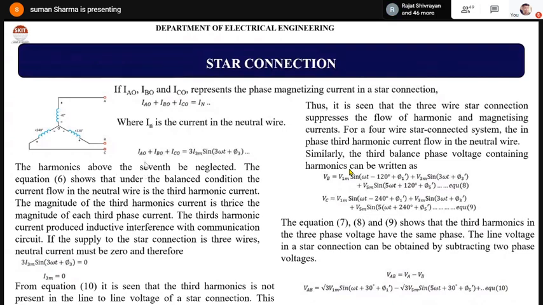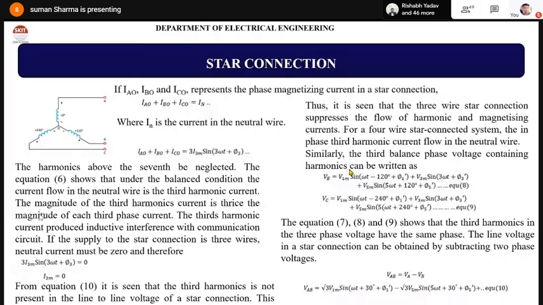So IA naught plus IB naught plus IC naught will be nothing but 3 times I3M sin(3 omega t plus phi 3). The harmonics above the seventh can be neglected, and this equation shows that under balanced condition, the current flowing in the neutral wire is a third harmonic current.